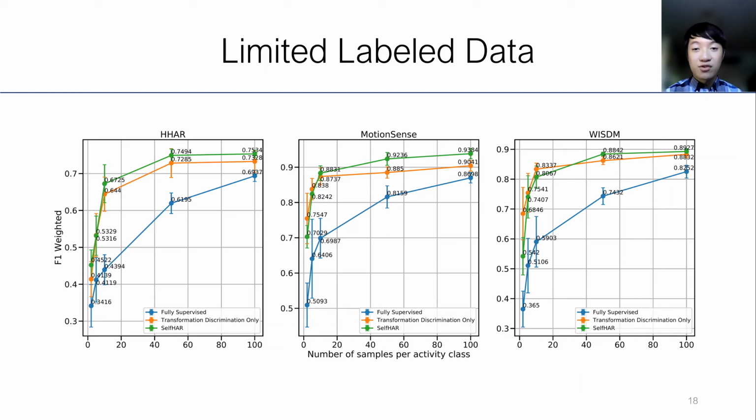It is interesting to note that in the case of MotionSense, our SelfHAR pipeline is able to perform equally well or even better than the fully supervised baseline, using only 10 samples compared to 100 for the fully supervised.